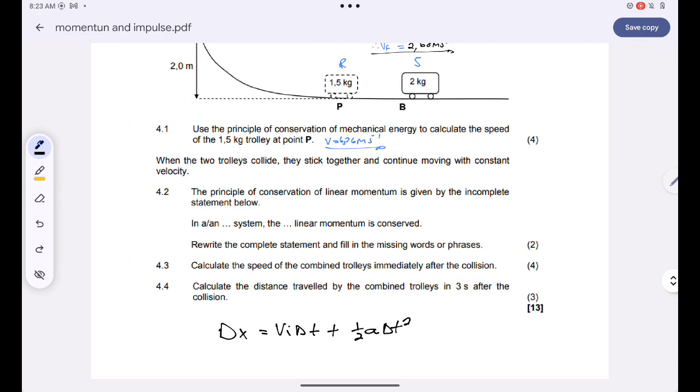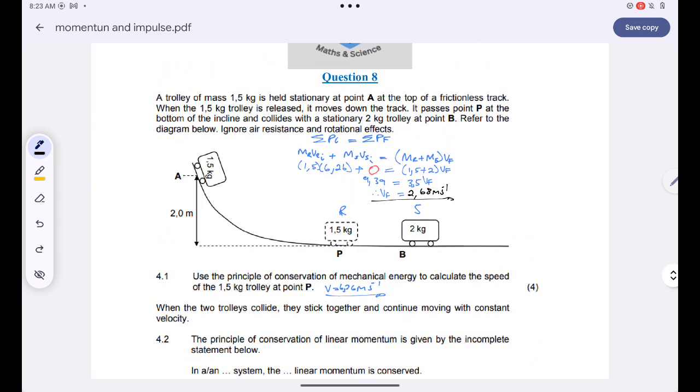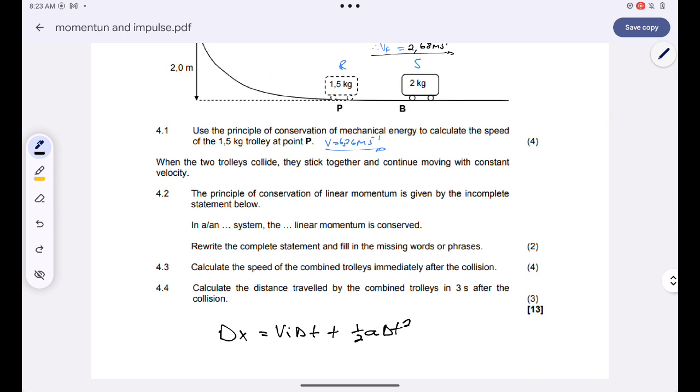But guys, remember that when the two trolleys collide, they stick together and continue moving with constant velocity.